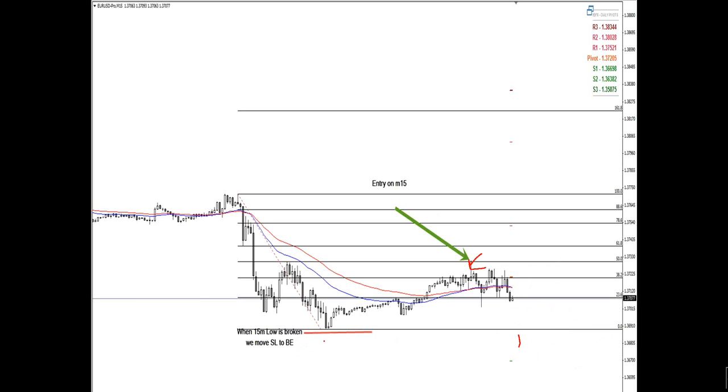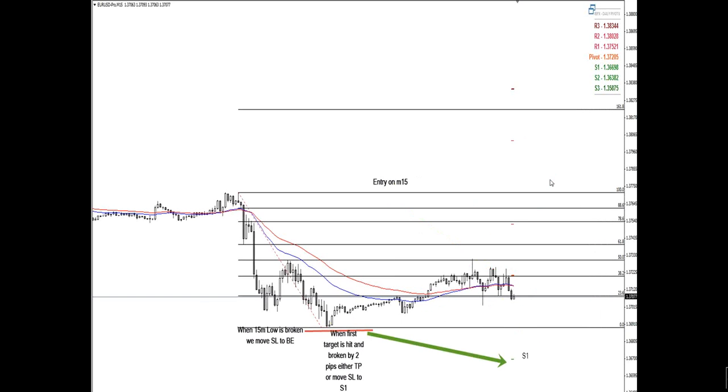So the stop loss is at break even after the price has broken 15-minute low in this example. It's all the same for long trades except you go for 15-minute, of course, resistance high. So once this low is broken, you move your stop to M15. And this is daily pivot point.